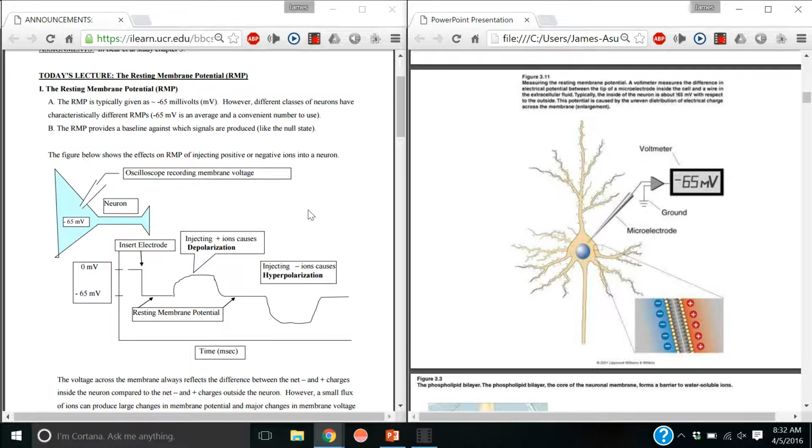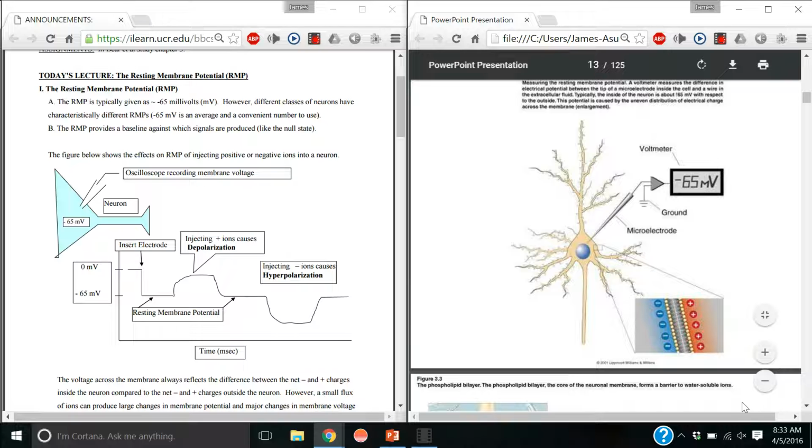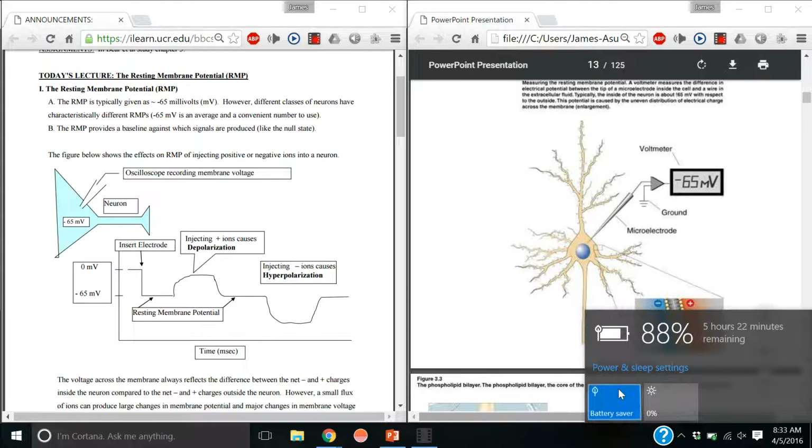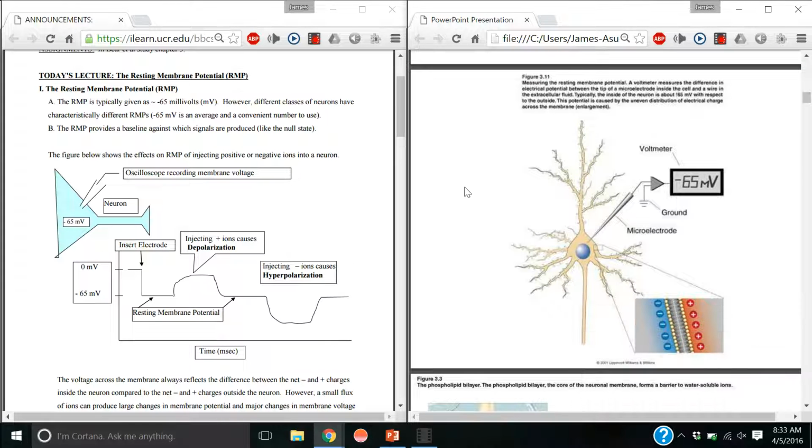The term here is hyperpolarization, moving the membrane potential further away from zero. That's a hyperpolarization. These terms will get used a lot. Depolarization, hyperpolarization, sometimes several times in the same sentence. You need to get to the point where you understand what depolarization and hyperpolarization mean. All of this is intuitive.